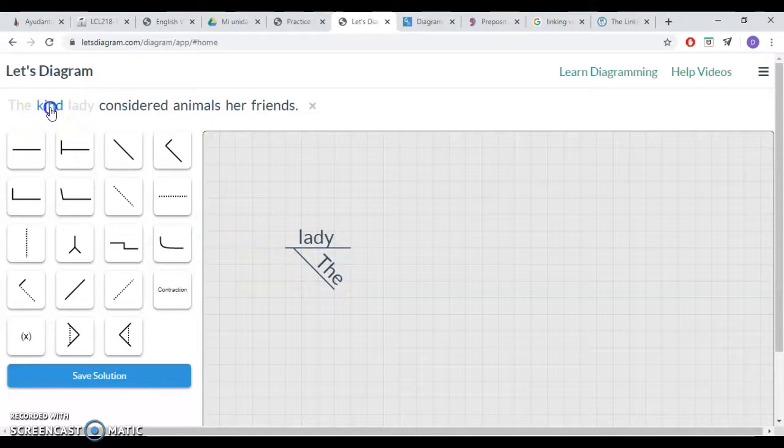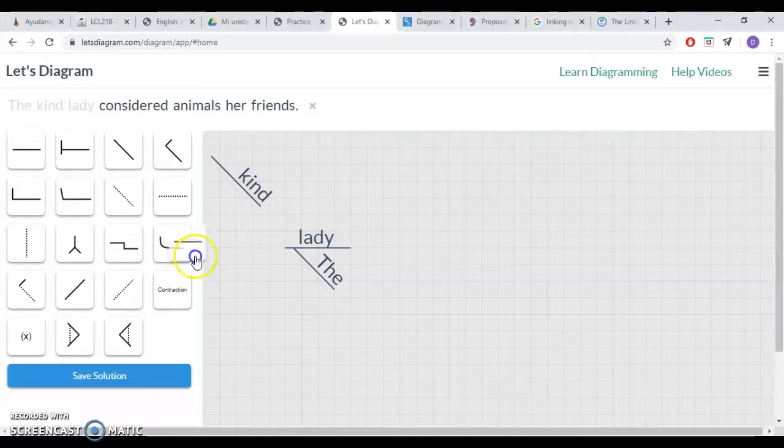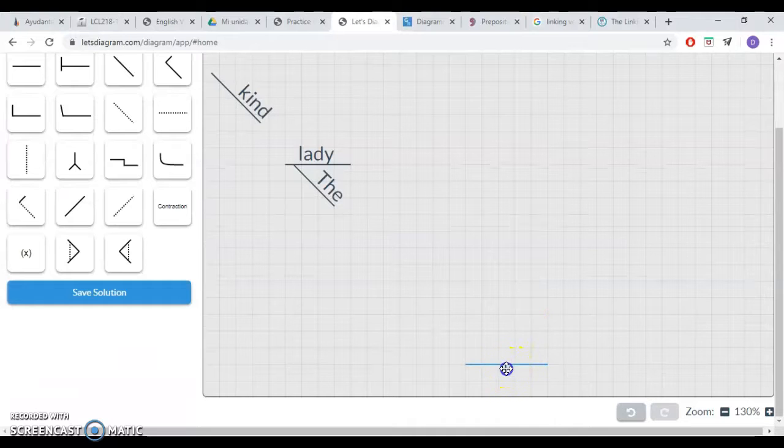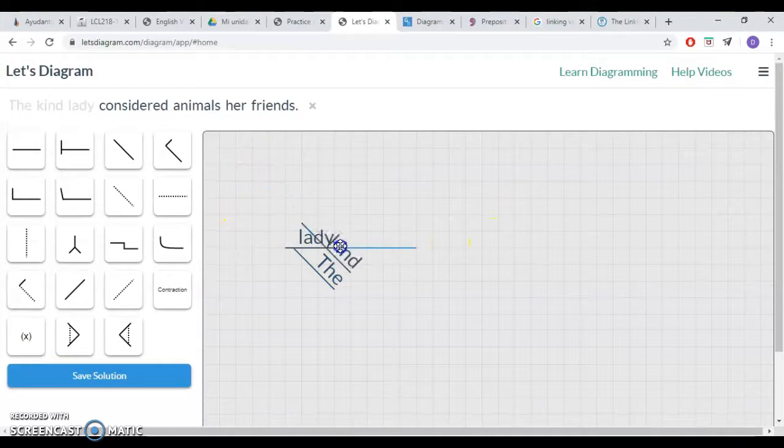So now we have kind. Kind is an adjective, but it also modifies lady, so it goes below as well, okay. These two are modifying lady.